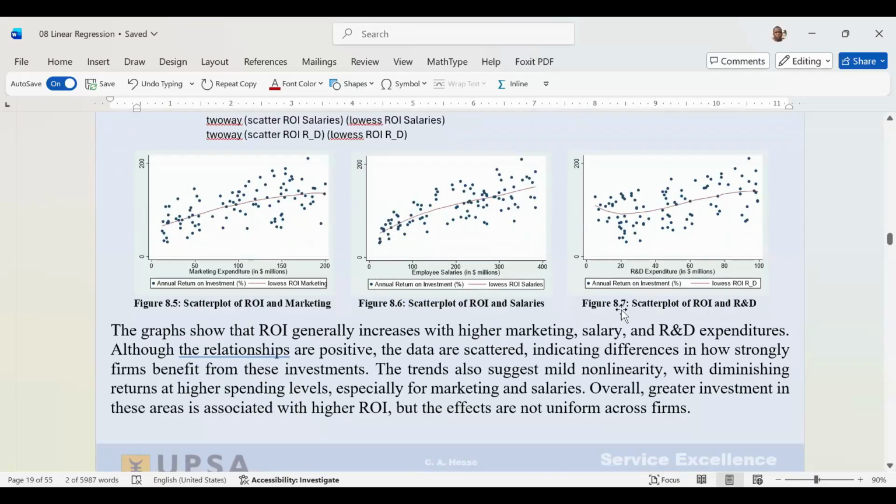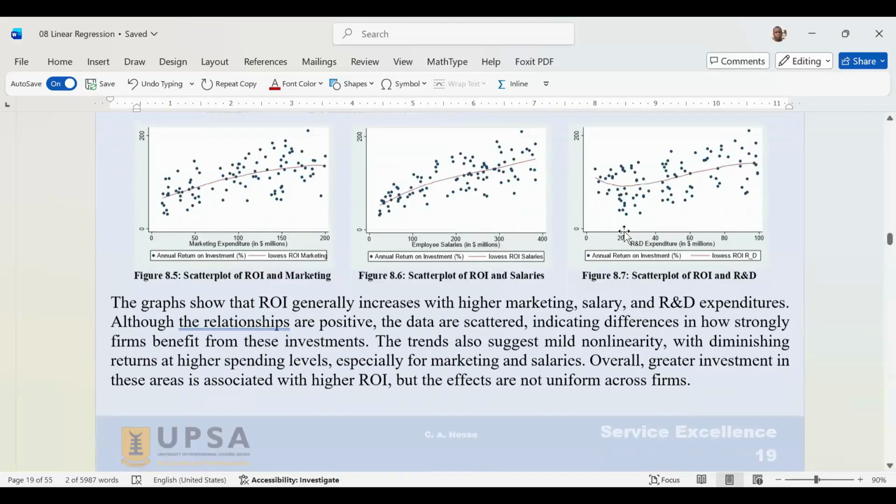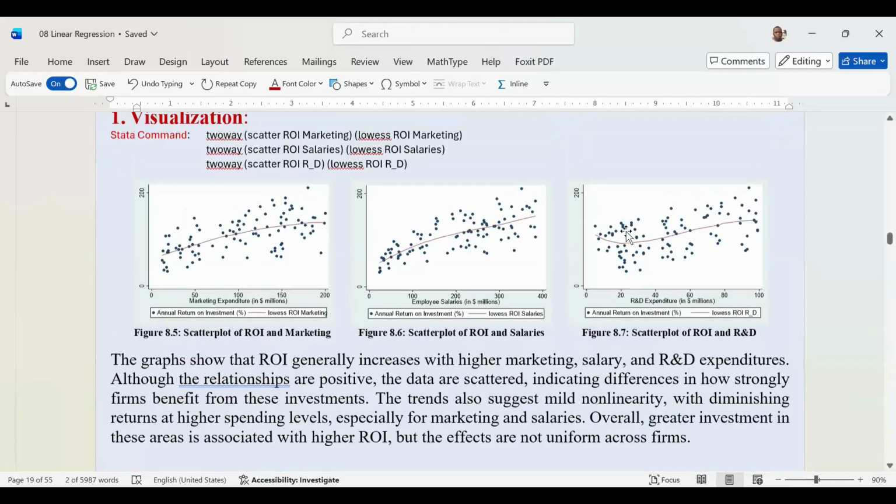So you plot each of the independent variables against the dependent variable, and you get these 3 graphs coming out. And we use the word lowess. If you don't add this lowess, it will not draw the red line, which gives you the trend of your scatter plot.